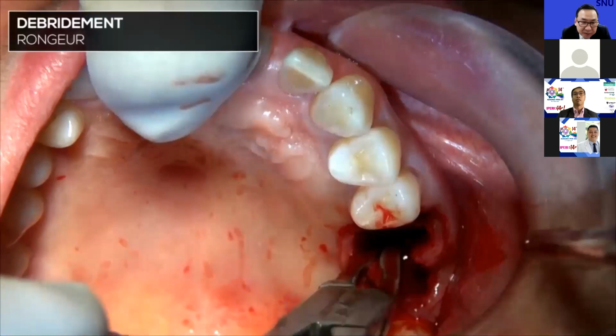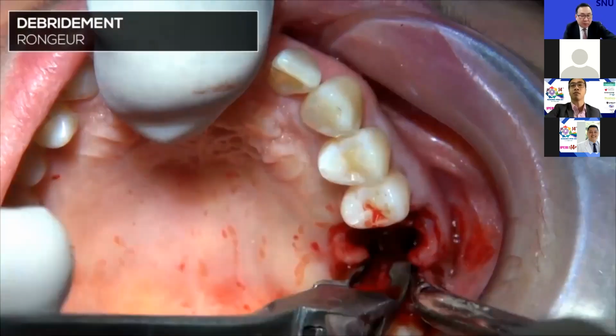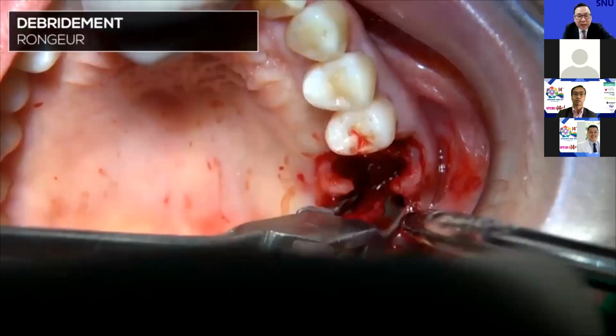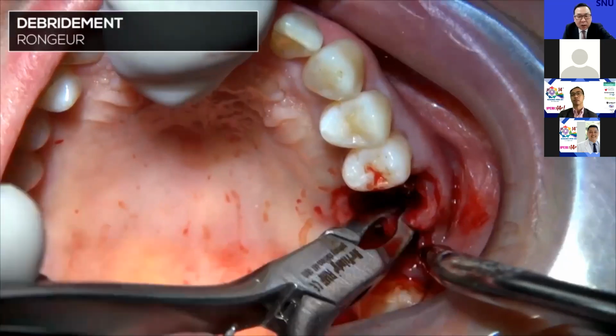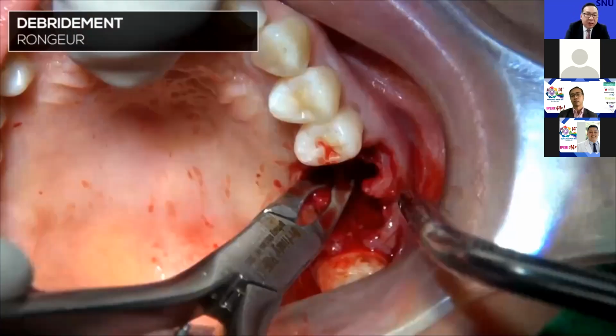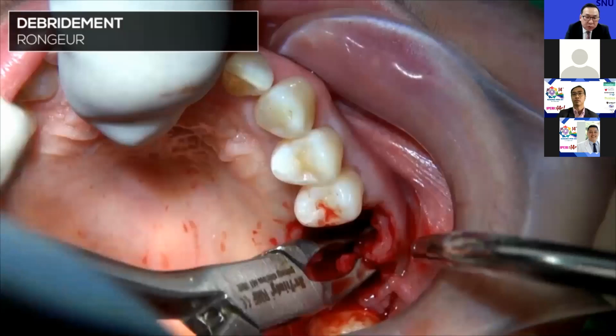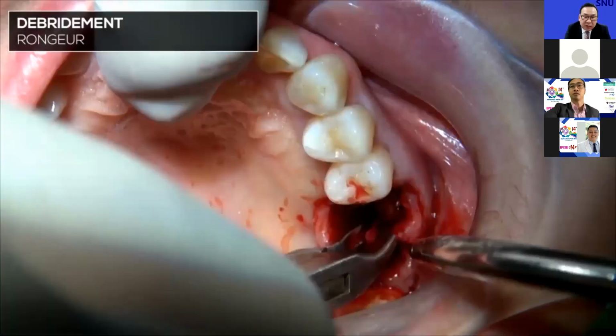And in cases where you need more rigidity, I think bone rongeurs could be used to rip out the granulation tissues.